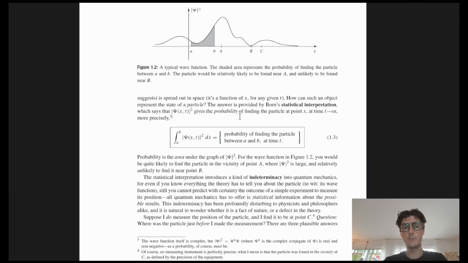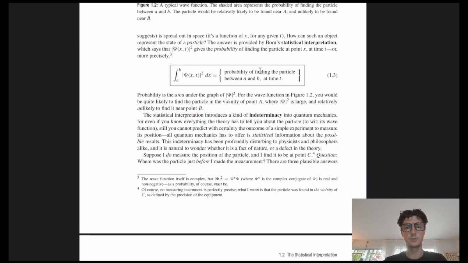This gives you the probability of finding a particle at point x at time t, or more precisely, the integral from a to b of the absolute value of the wave function squared with respect to x, the variable of integration, equals the probability of finding the particle between a and b at time t.